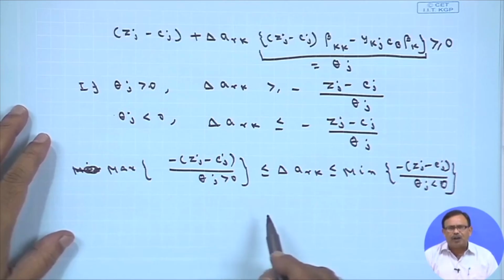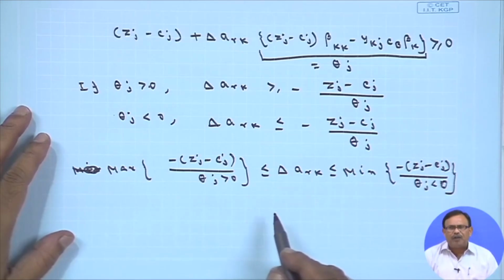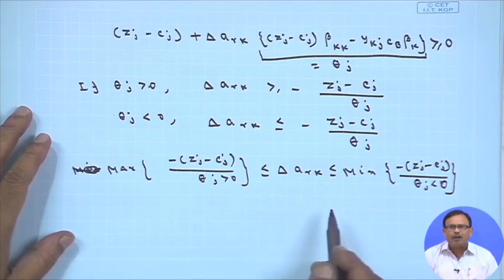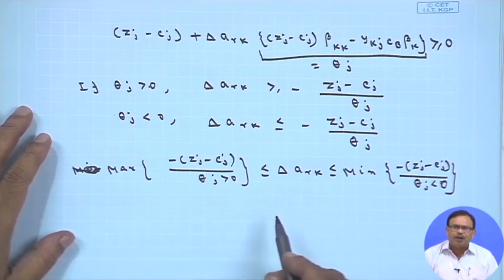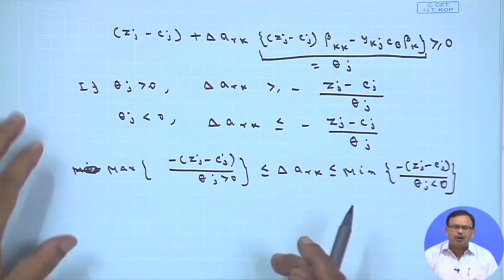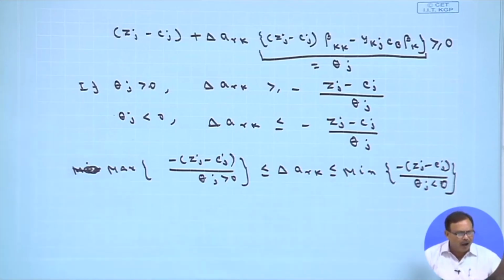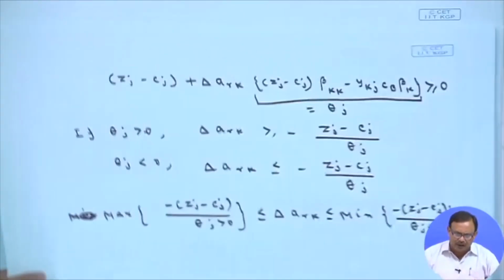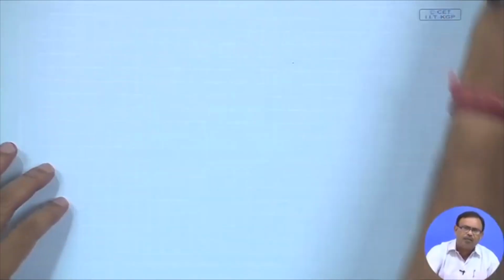Here we have derived conditions for which the feasibility and optimality will remain unchanged: if the variation lies in the range provided here, then both the feasibility condition and optimality condition will remain unchanged. So, these are the variations in three parameters, that is C, B, and the next one was A.